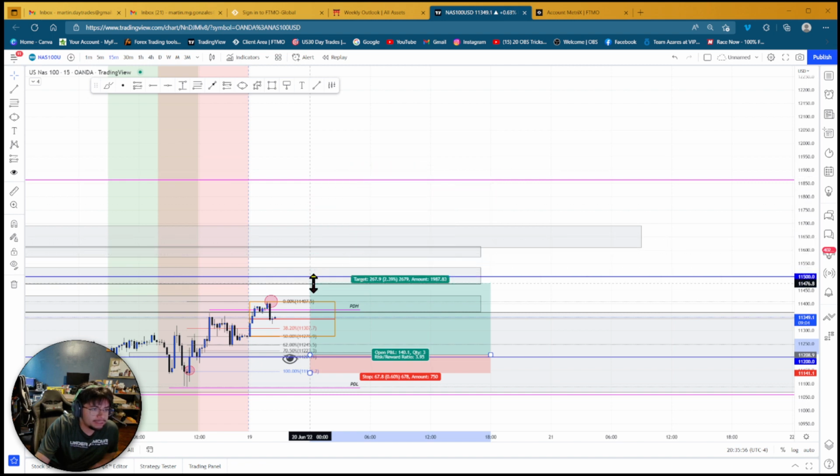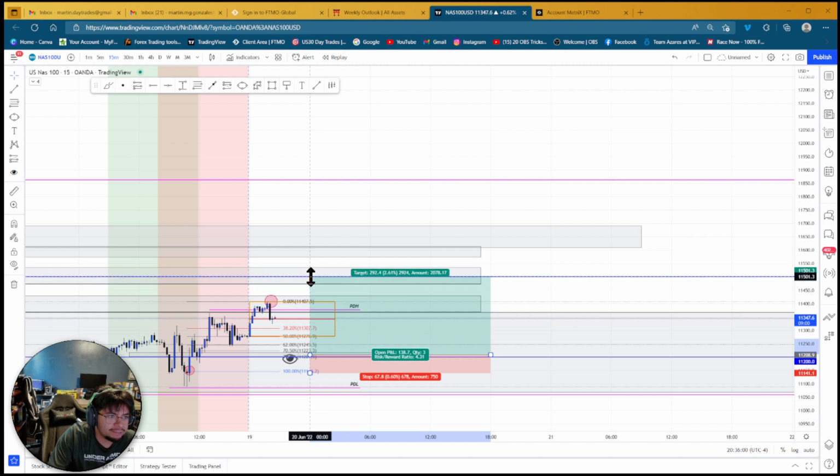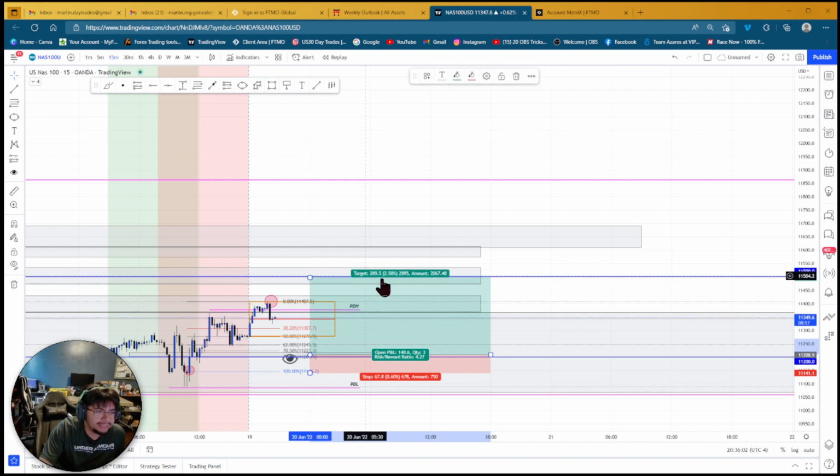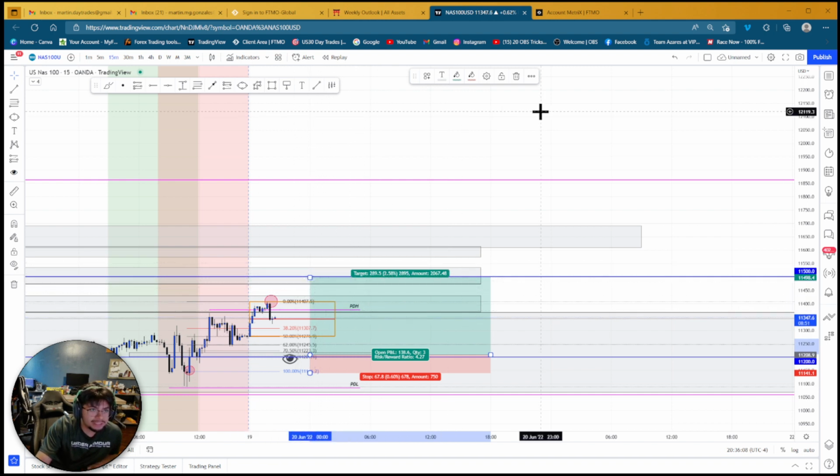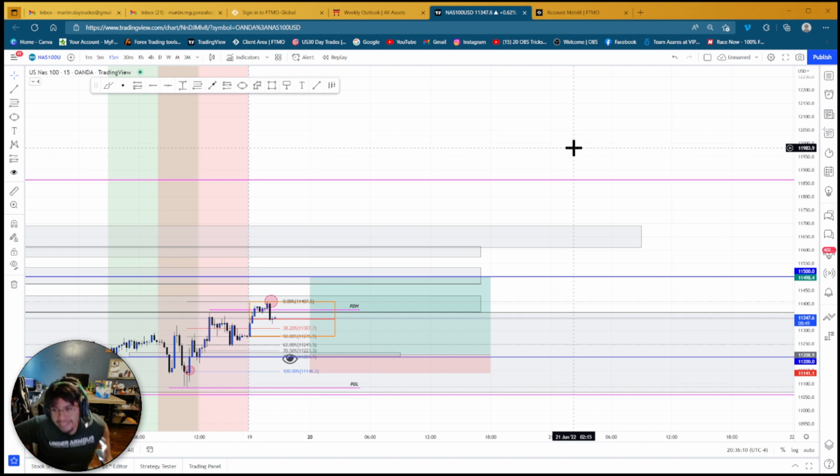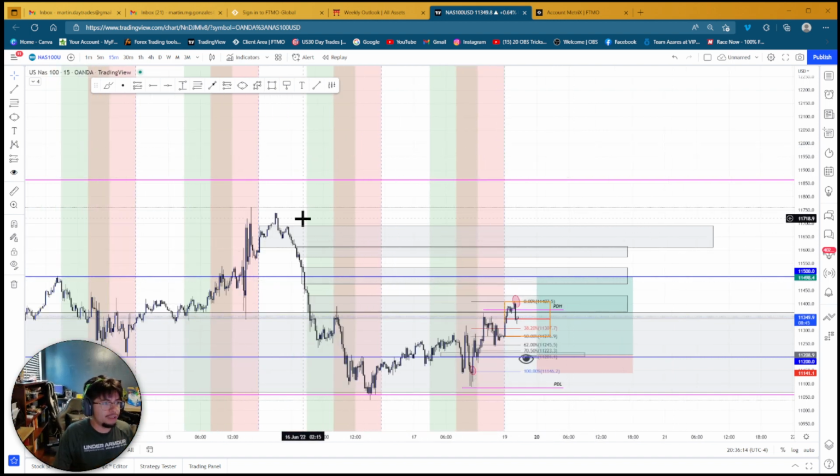Or I may wait for it to get to TP4 because that's almost by the 500 level. So 500's right there. I may just wait once it gets to this, which is 4.27. I may take 4% right off the bat of this trade and just let the rest go just so that I can secure some profit here, guys. And it may run through these highs.